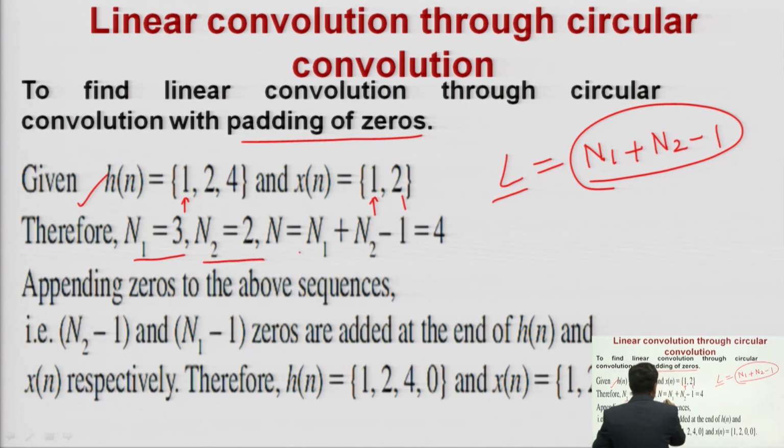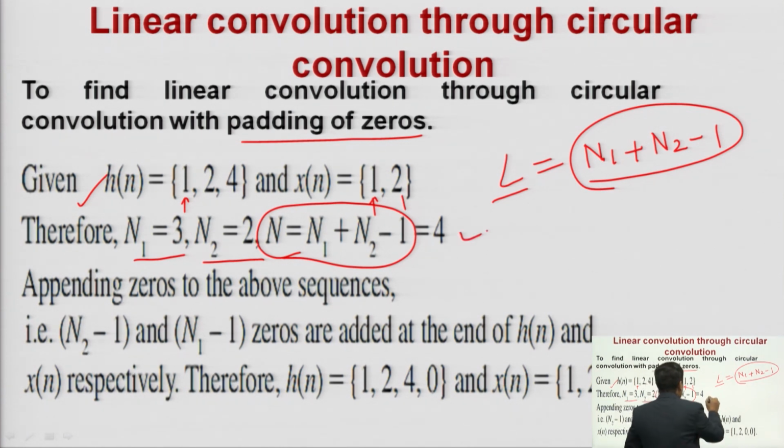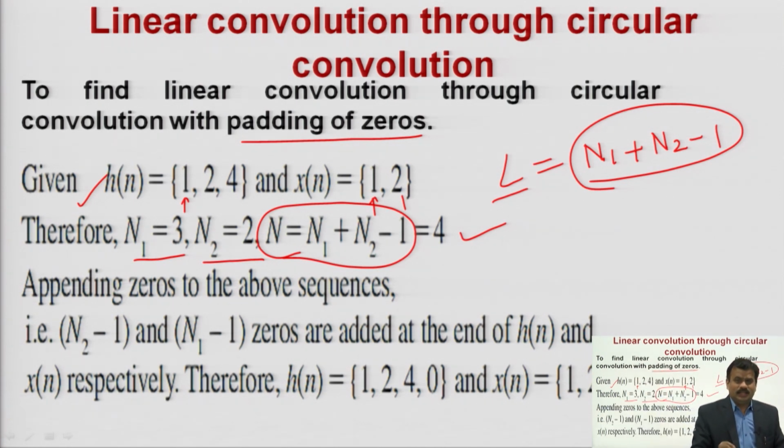But what you have to keep is that your L, or your N, is N1 plus N2 minus 1, that is 4. So, the length will be equal to 4 for both the sequences, if you want to take linear convolution through circular convolution.